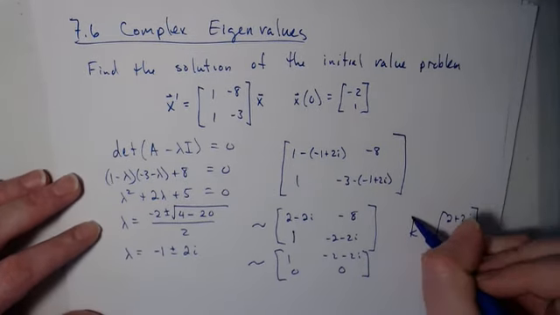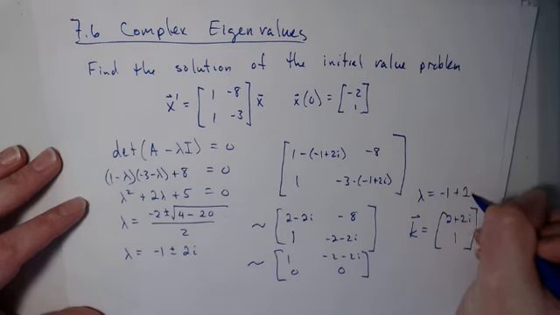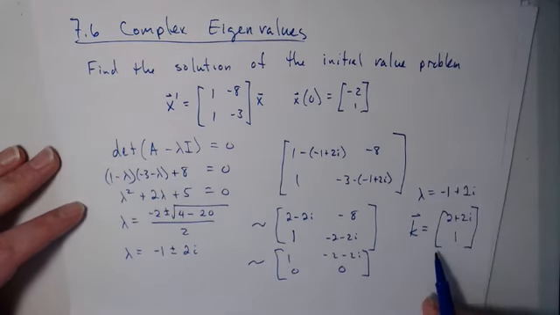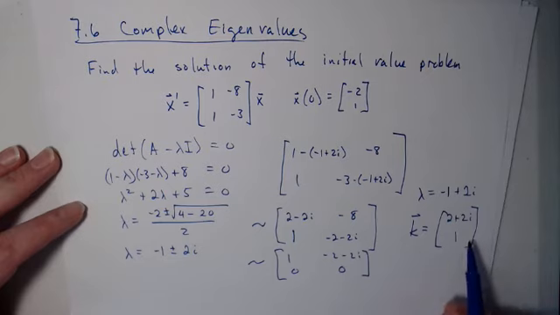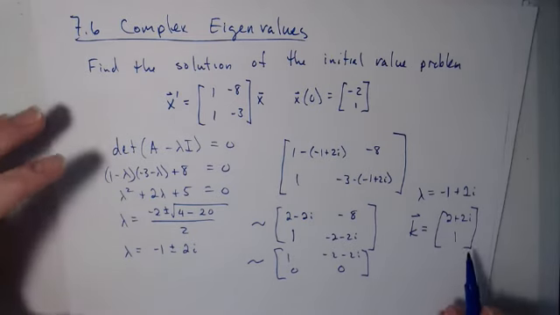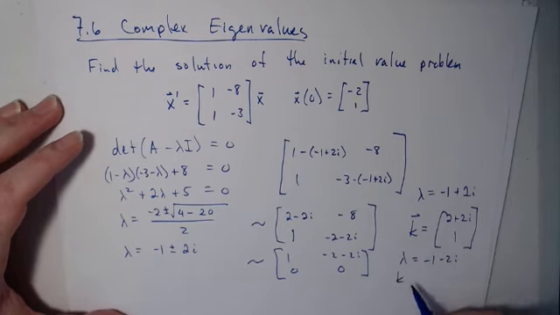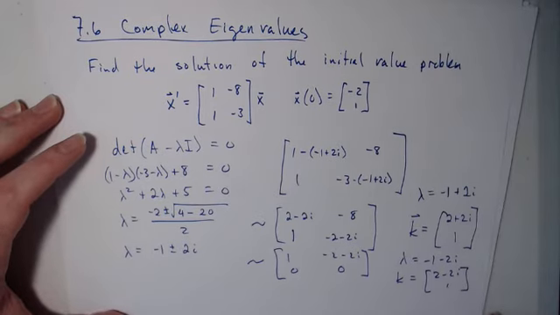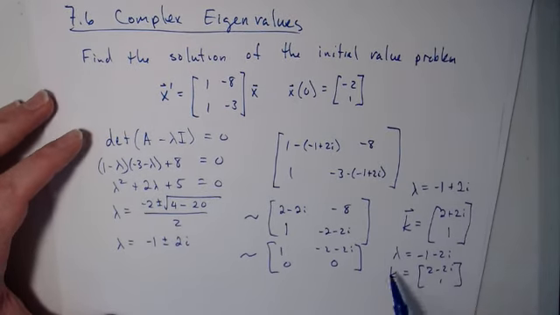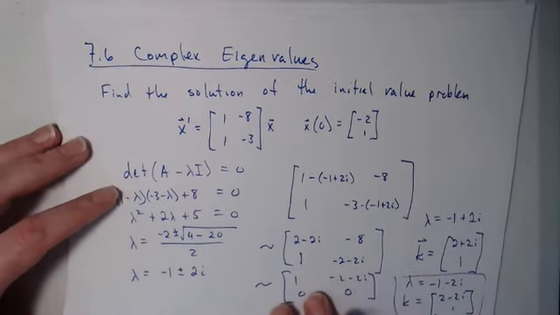So, to go with lambda equals negative 1 plus 2i, we get the eigenvector 2 plus 2i, 1. If we were to repeat this process for lambda equals negative 1 minus 2i, we'd get k equals 2 minus 2i, 1. I'm going to leave that as an exercise for you if you want to verify that by going through this process. But this is always true.